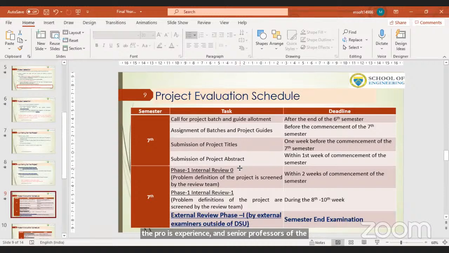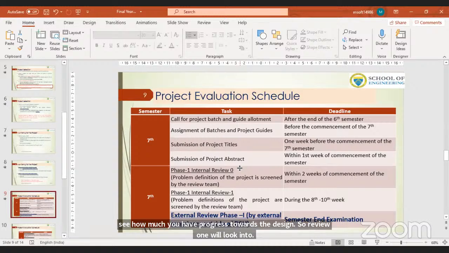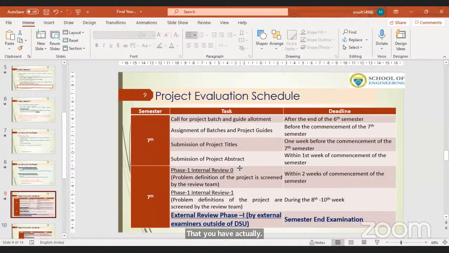Review 1 will be around 8th to 10th week, where we will see how much you have progressed towards the design. So review 1 will look into whether you have actually done a literature survey of 8 to 10 papers, and only then you have selected that project.